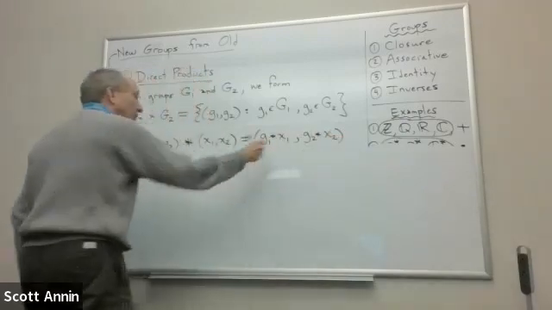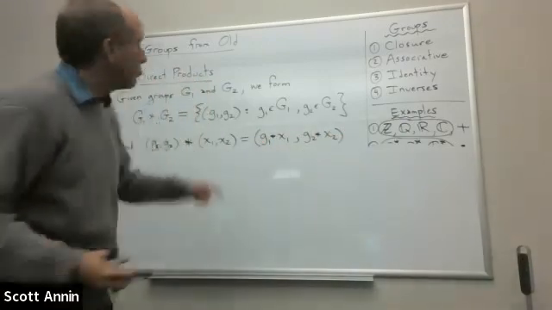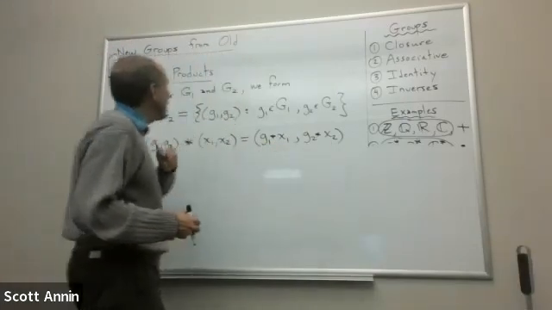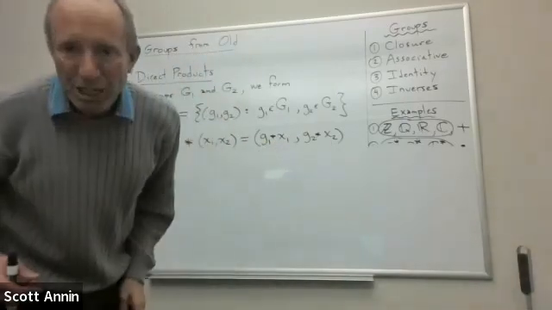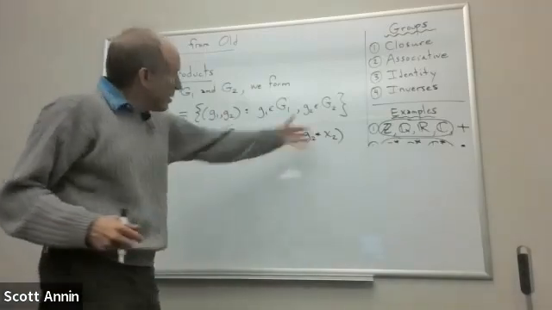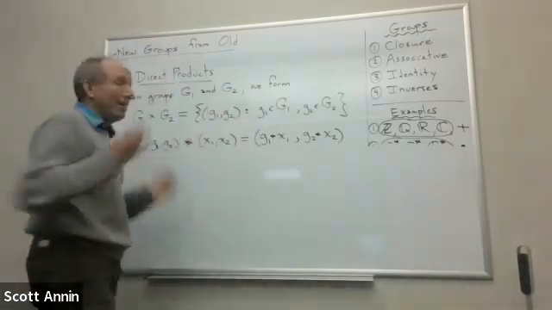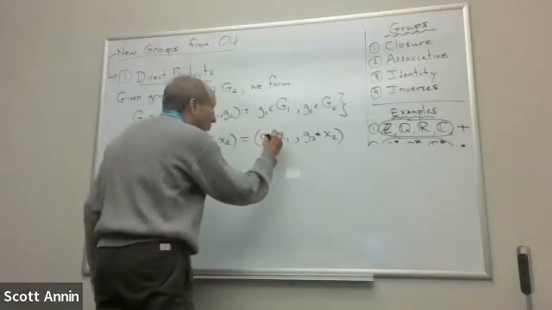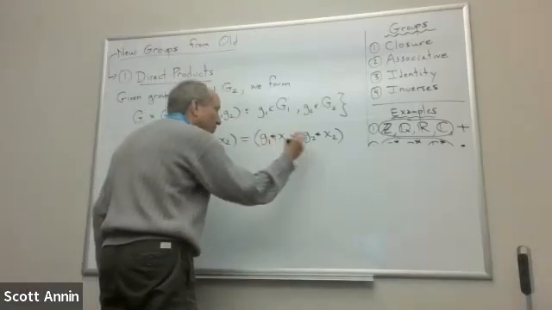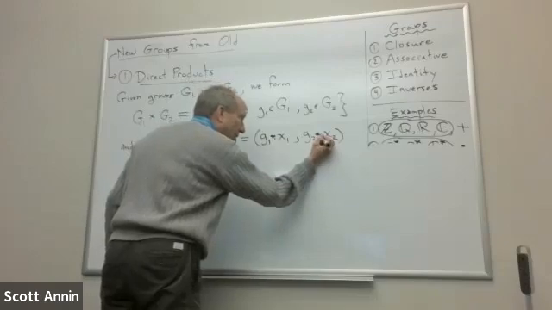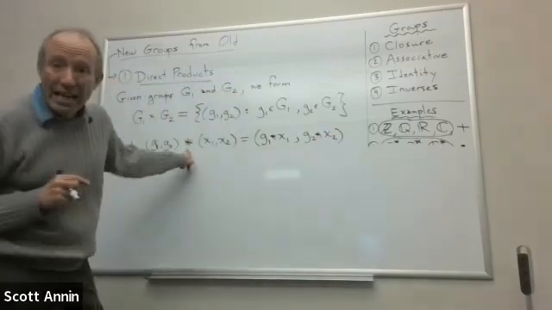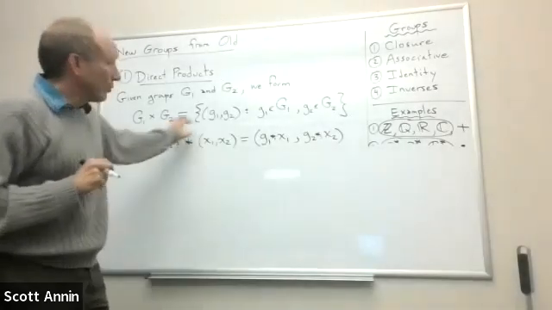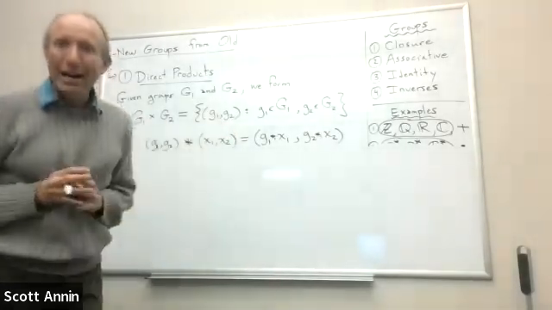So G1 star X1, that's happening in the group G1. And the little G2 star with the little X2, that's happening in the group G2. And so this is a formula for how to multiply the elements. So just be a little careful, this first star is within the first group, this second star is within the second group, and I'm now defining yet another multiplication, another star that deals with the entire ordered pairs.